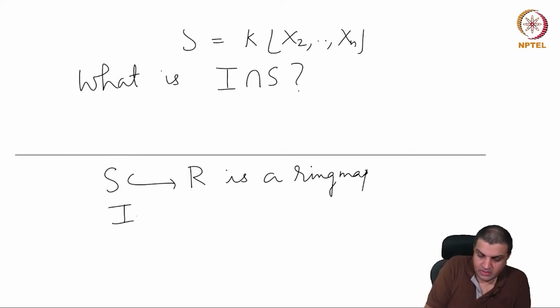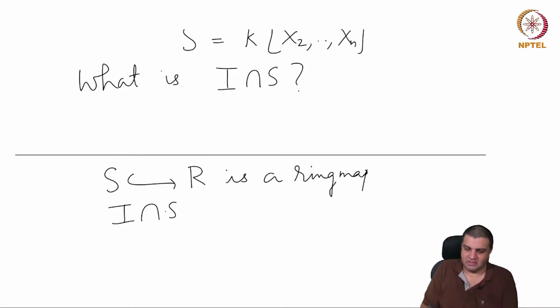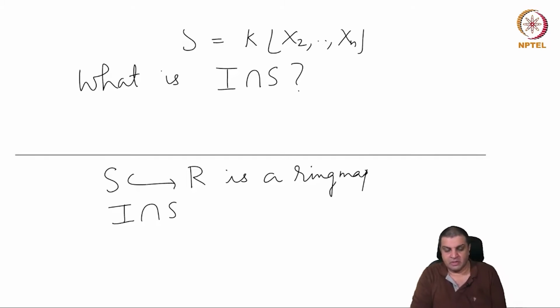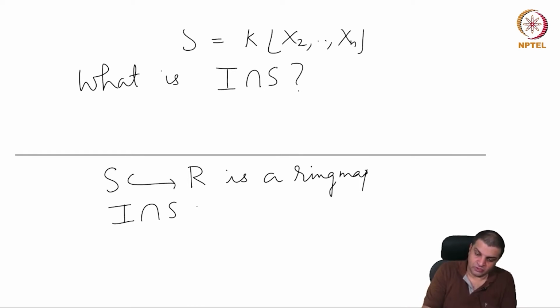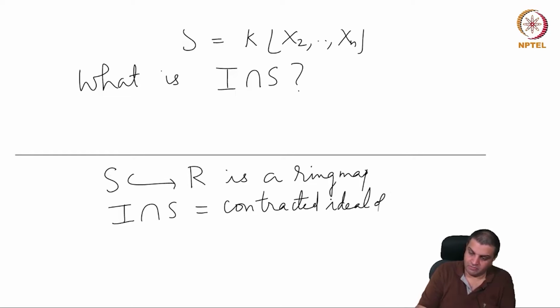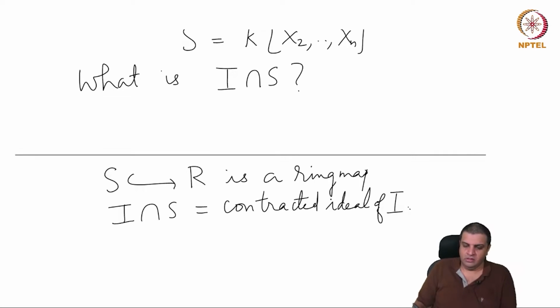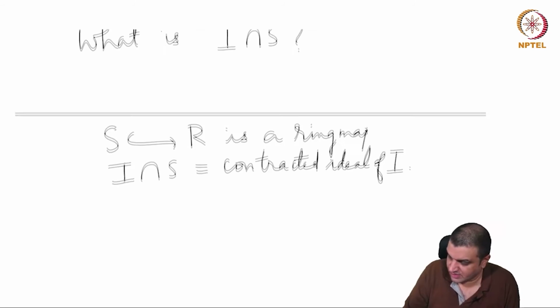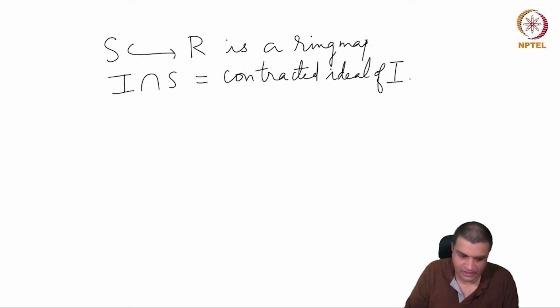When you say S sits inside R as a ring map, S is a subset of R and I is a subset of R, and this would mean the intersection of two subsets of R. This is also the contracted ideal of I. So what is this ideal? That's the question. How do we determine this?